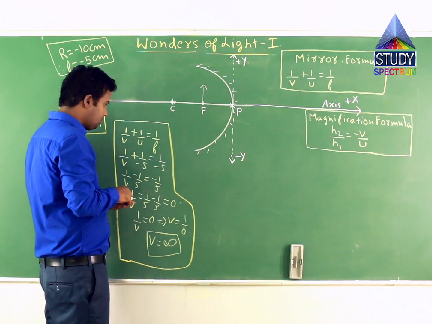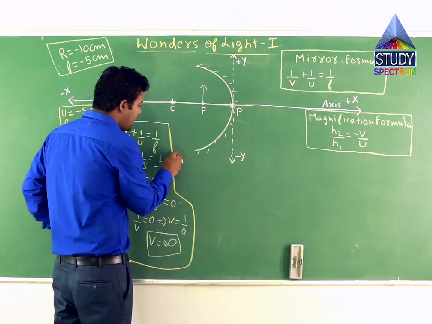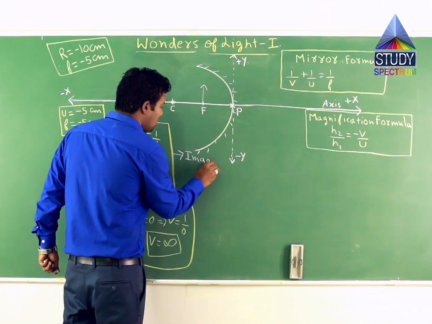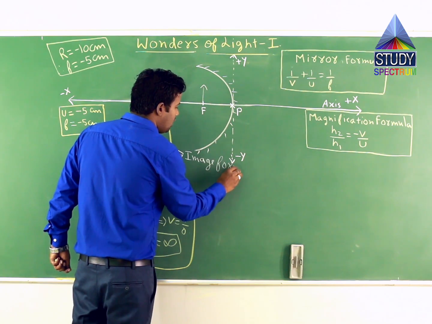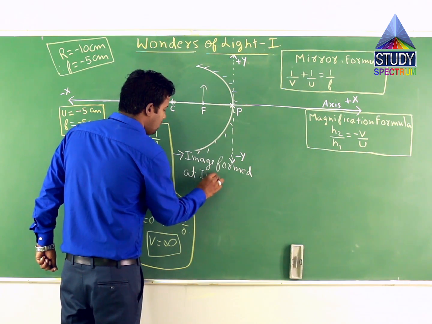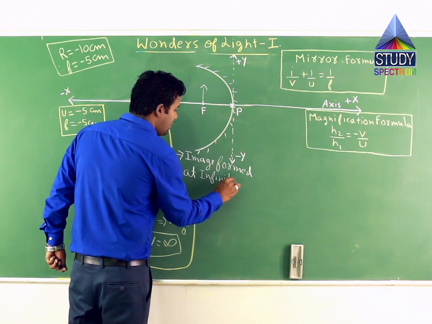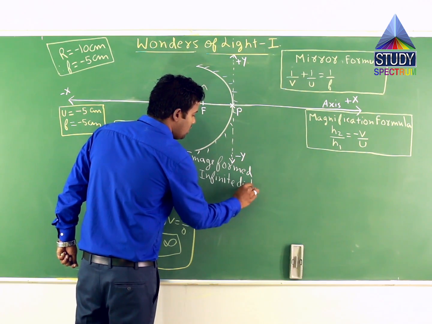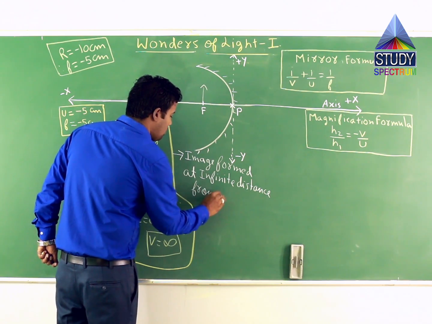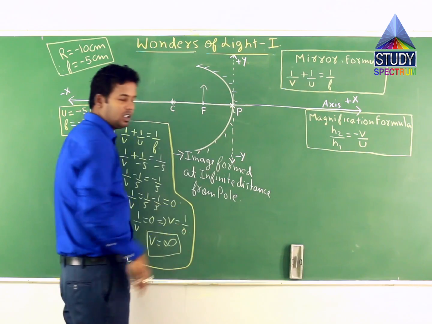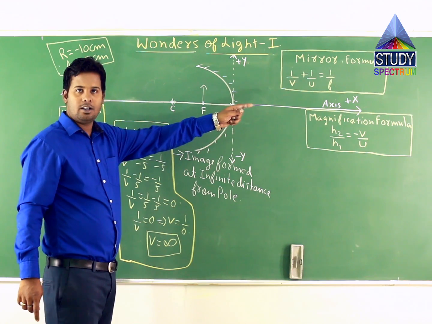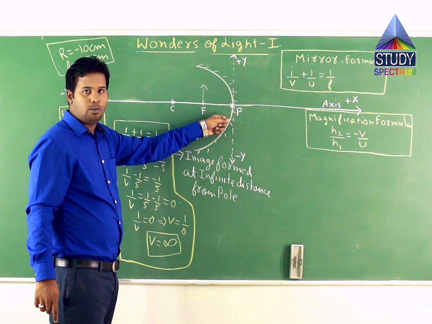It means the first result, which we can write, is: image formed at infinity or infinite distance from the pole. The very first result we can write is the image is being formed at a very infinite distance, very long distance from the pole.